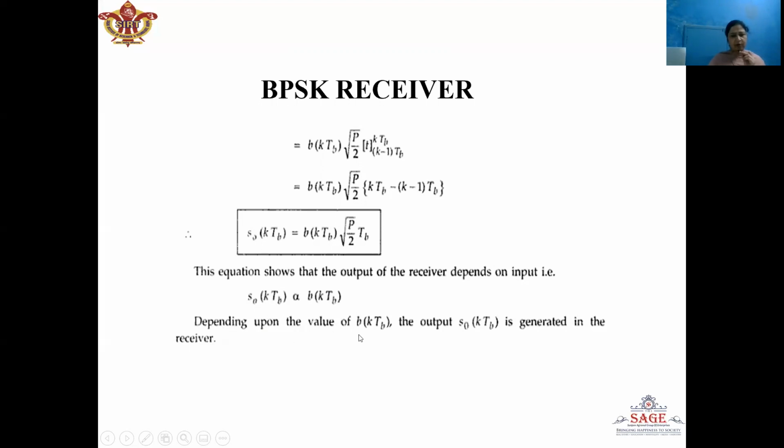So depending upon the value of b(k TB), the output s naught (k TB) is generated in the receiver. This signal is then applied to the decision device, which decides whether the transmitted symbol was 0 or 1.